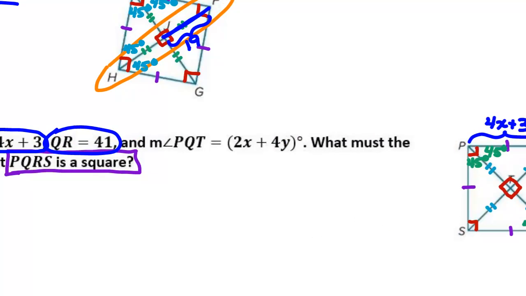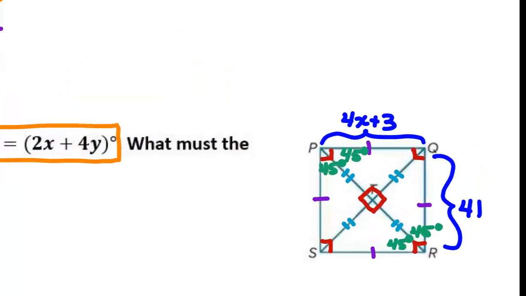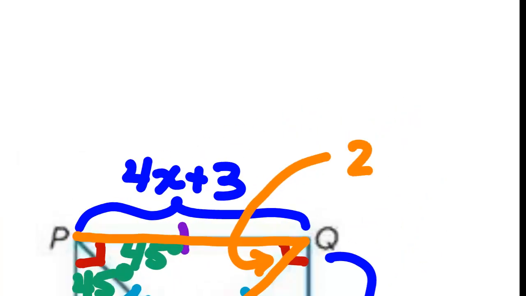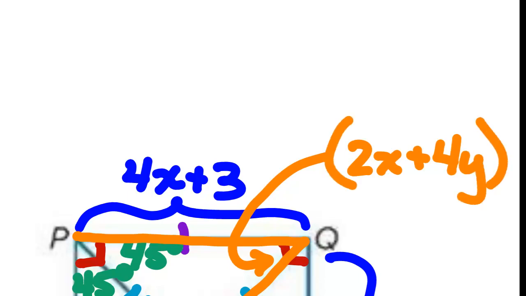And angle PQT is 2x plus 4y. PQT, this angle right here, is 2x plus 4y degrees.